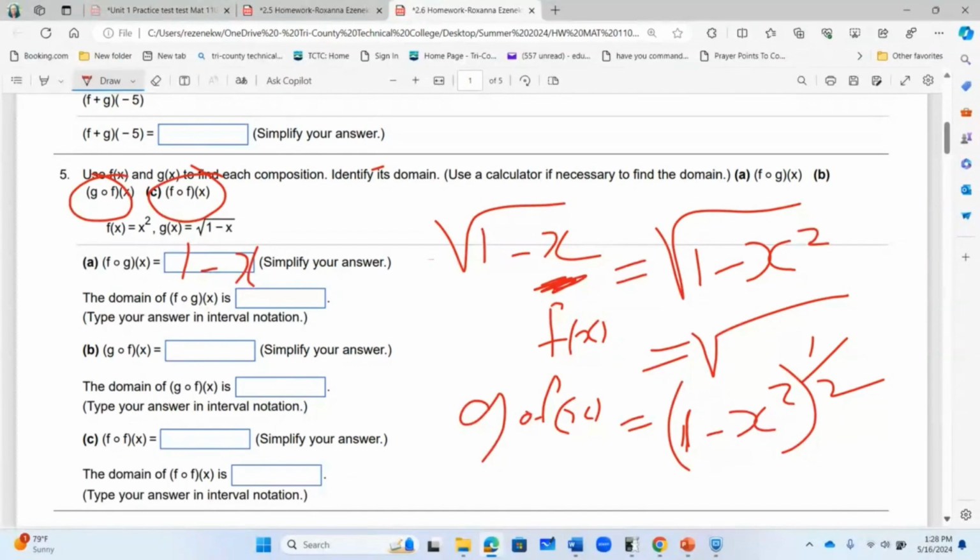Okay, now the last question says, find f composed of f. F composed of f, which means substitute f into f. That's all it is. So let's do that. Wherever I see f, I'll bring down f first of all. Because it's f composed of f, I will substitute that.